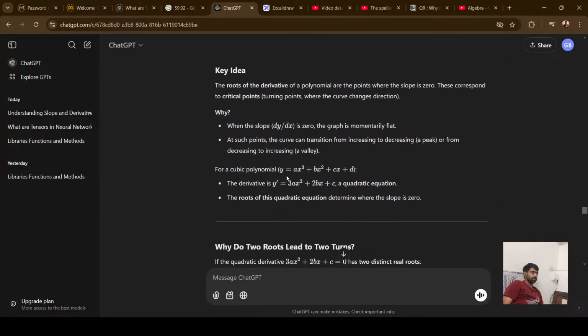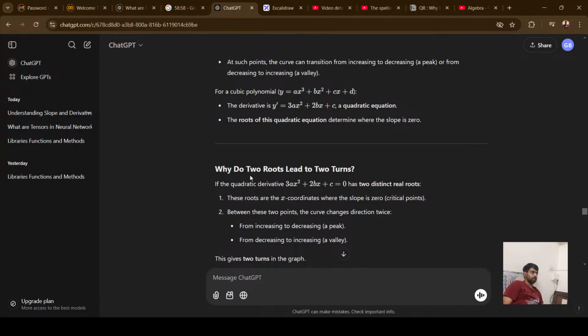For a cubic polynomial, y equals to ax cubed. Why do two roots lead to two turns? As two distinct roots, these are the x values where the slope is 0. Critical points where the curve changes directions twice.